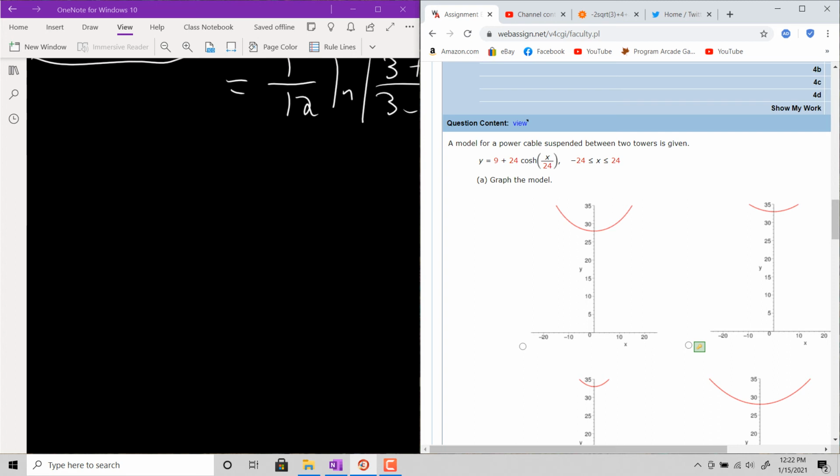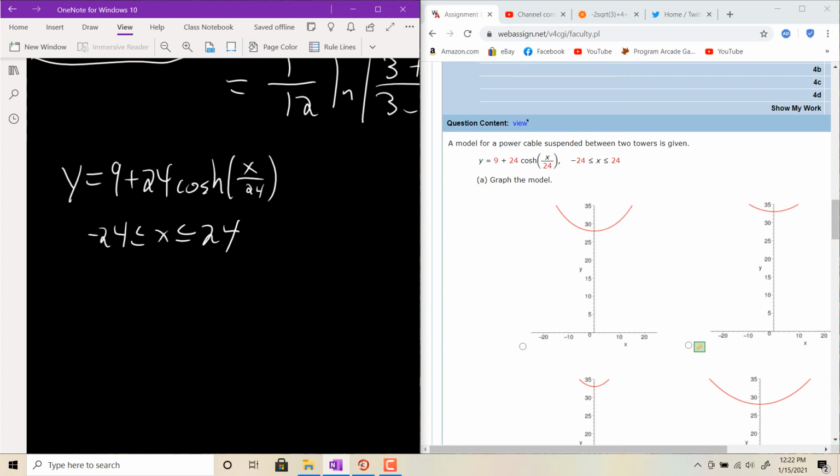Anyways, let's take a look. We have our model, y equals 9 plus 24 cosh of x over 24, and we're going from negative 24 to 24. They want you to graph it, and they give you some multiple choices here.